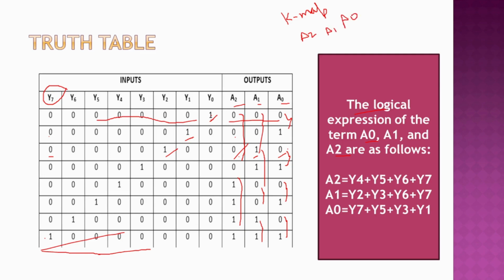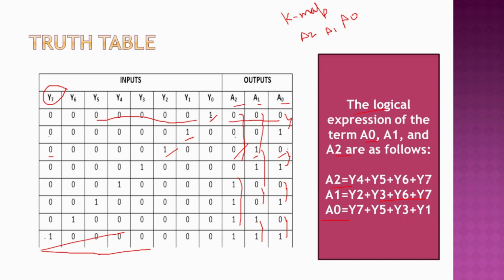Then do grouping for all three outputs and you will get equations like this: A2 equals Y4 plus Y5 plus Y6 plus Y7. A1 equals y2 plus y3 plus y6 plus y7. A0 equals y7 plus y5 plus y3 plus y1.